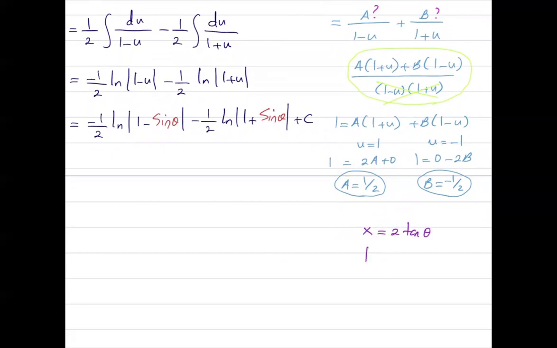It means that tangent theta is equal to x divided by 2, or from the right triangle that we had, this is x, this is 2, and this is square root of 4 plus x squared.